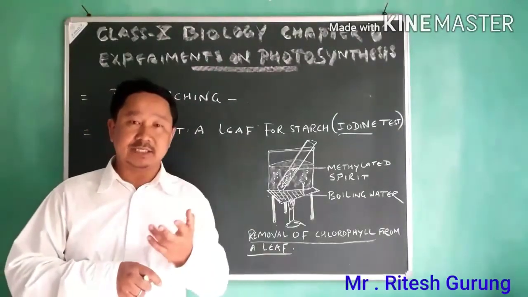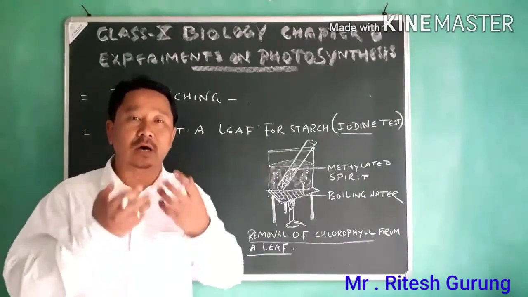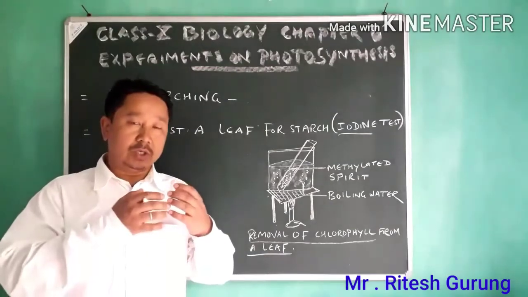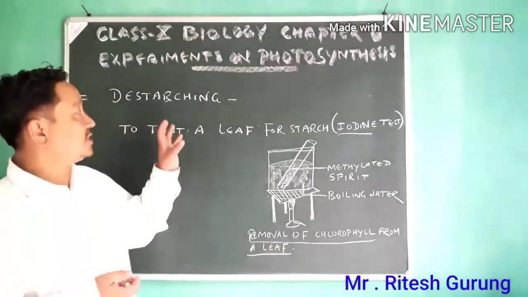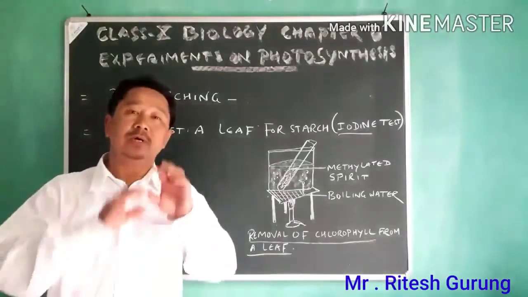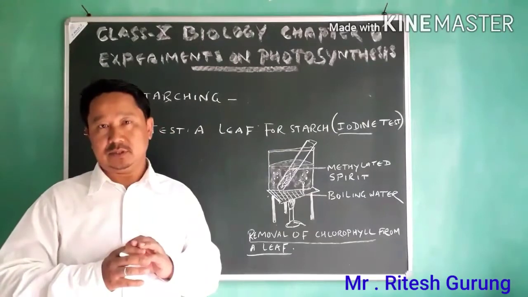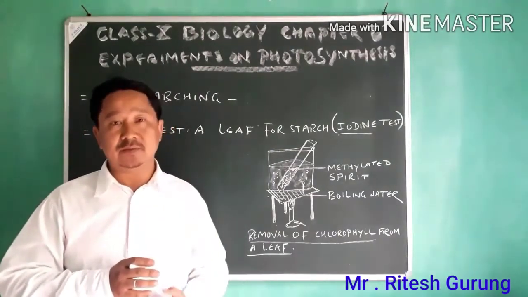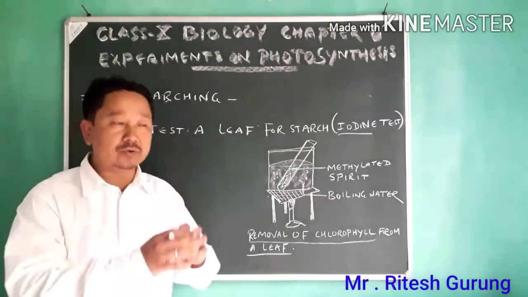De-starching is a process of removal of starch from the leaves. To carry out the experiment, first of all we need to remove all the starch present in the leaves. So how do we do this?